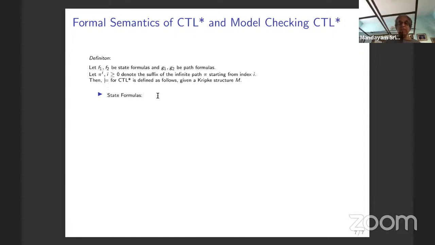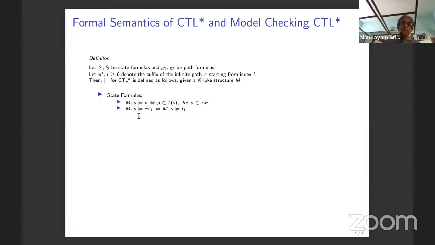So first we give the meaning of all the state formulas. P is the atomic predicate. That is the base case. It is true of a state s in a model M if P belongs to the label of s, that is, the atomic proposition is true of that state.